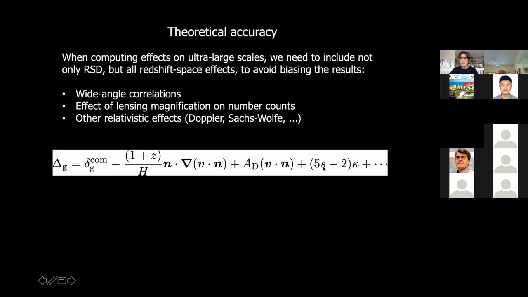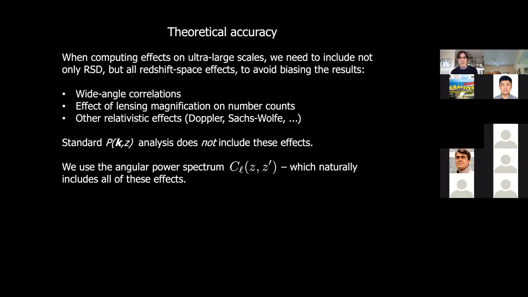And S is the lensing magnification bias. And then there are a few other terms I've omitted here, which are to do with Sachs-Wolfe, integrated Sachs-Wolfe, and time delay terms. So theoretical accuracy requires us, in principle, to include all of these terms in our modeling, which is exactly what we did do in the results I've shown you.